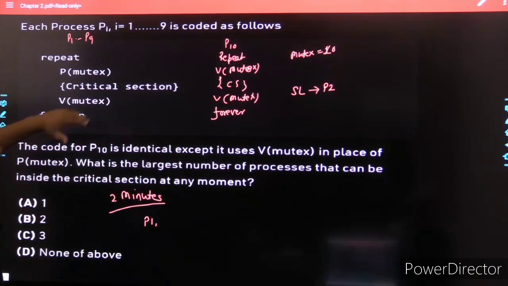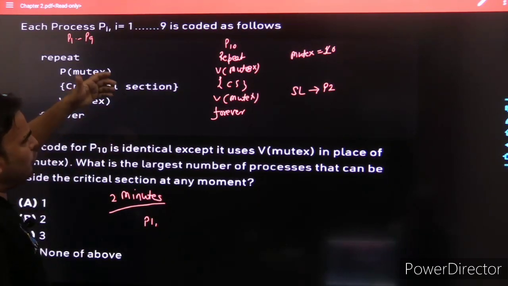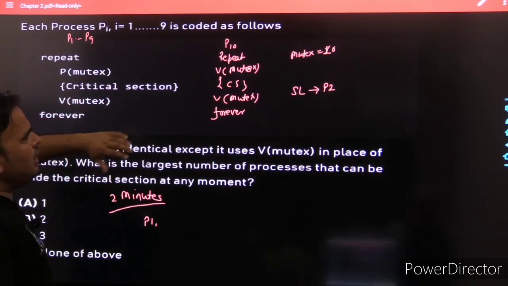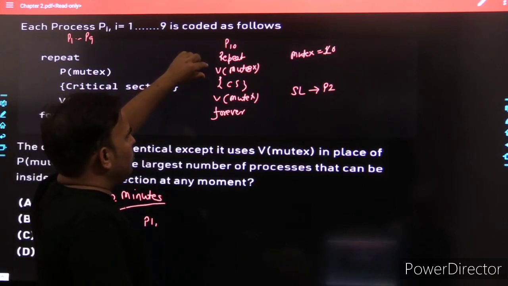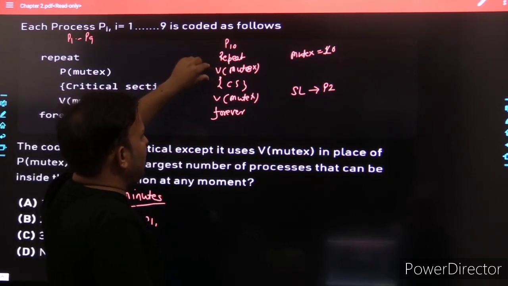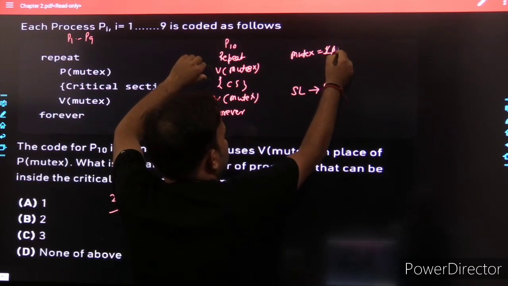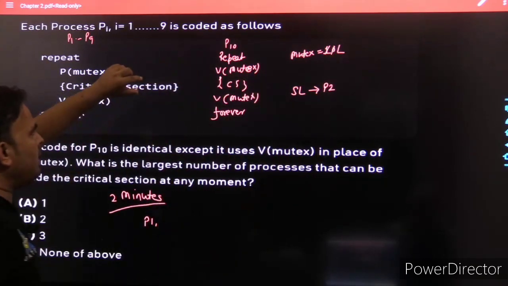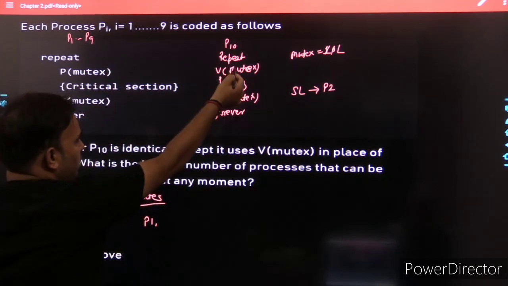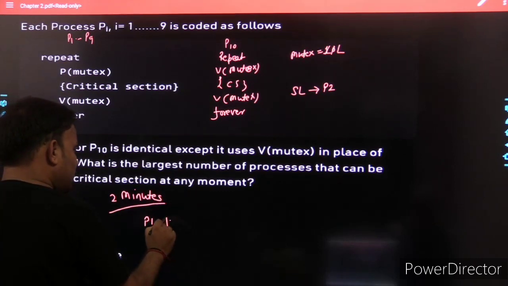Now suppose P10 comes and wants to go into the critical section. P10's entry code is B mutex, so it will perform the up operation here. When it performs the up operation, it can go into the critical section.